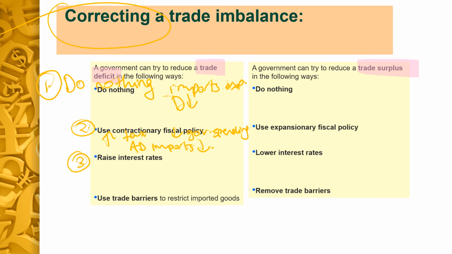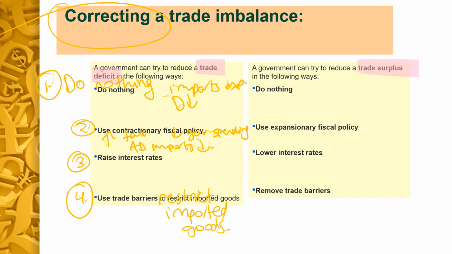So they will decide to not take a loan. And this will help correct the trade deficit. Finally, a government may use trade barriers in order to restrict imported goods.